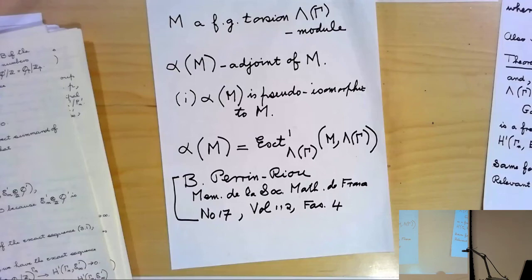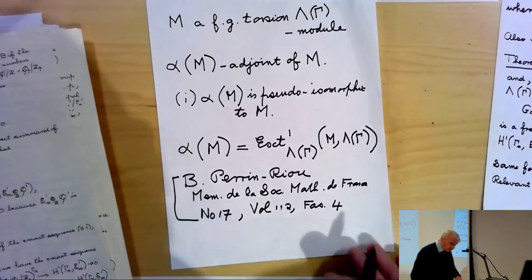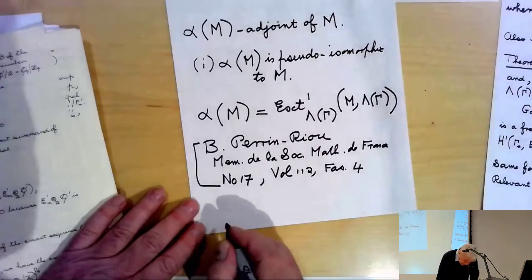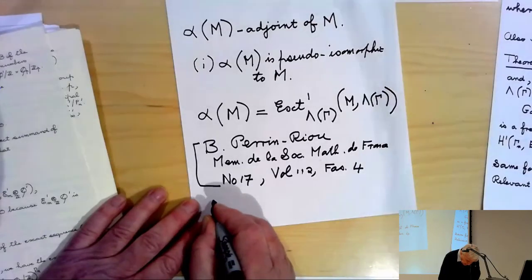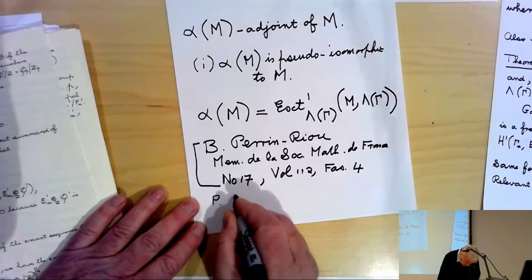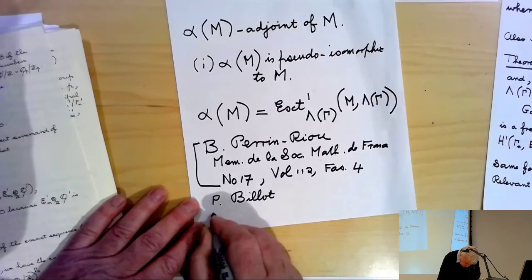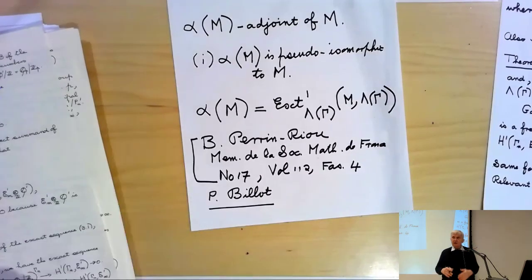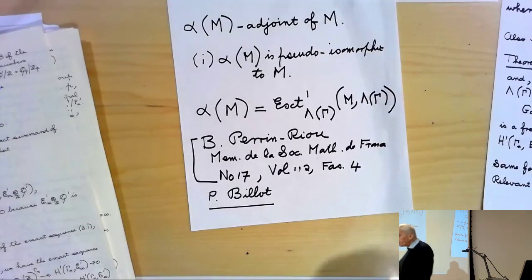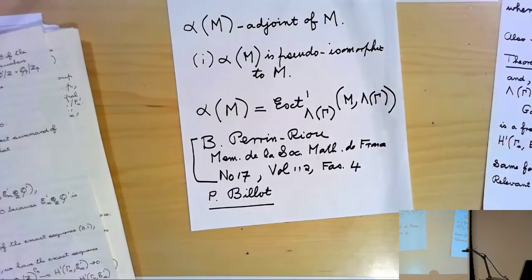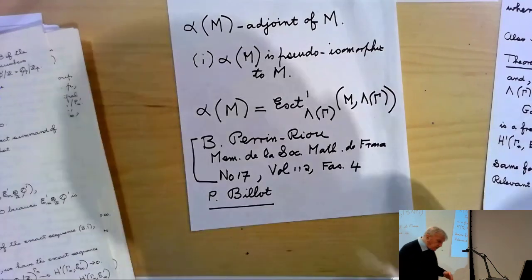But I should say that it was also discovered, either simultaneously or perhaps even before that, by another student at Orsay called Patrick Billot. He discussed it in detail in his thesis, and I'm not sure if his thesis was ever published. So it may be that the Perrin-Riou account is the only good one in the literature, but it is excellent.